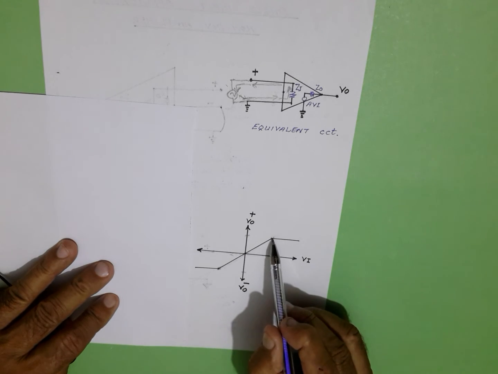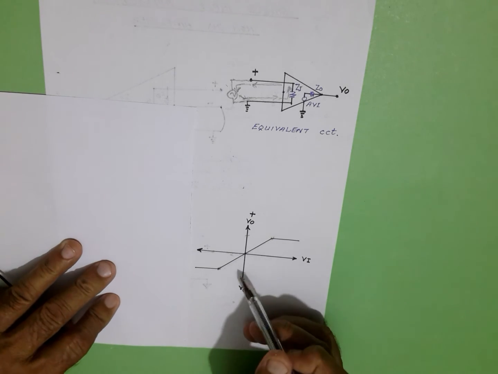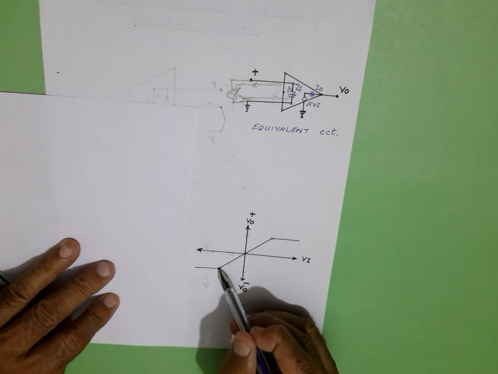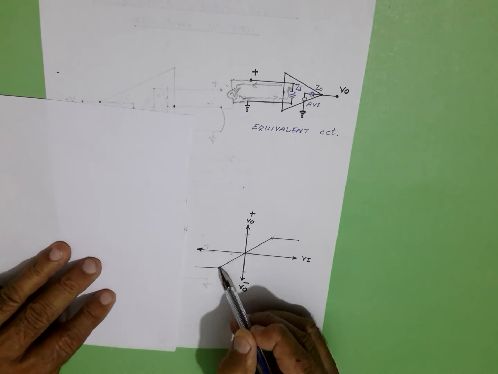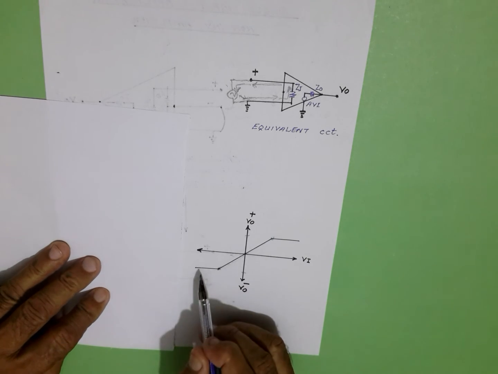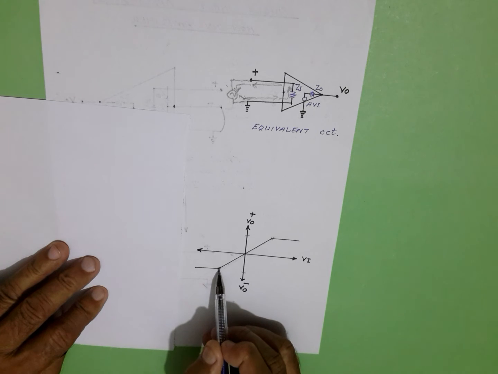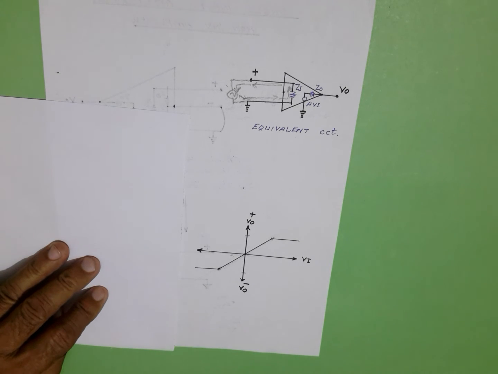Beyond saturation, distortion occurs. Similarly, the decrease is up to the negative saturation point. Beyond negative saturation, distortion will result, and the negative saturation voltage is less than VEE of the transistors.